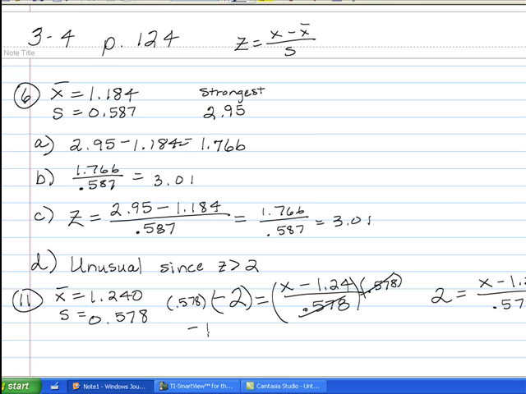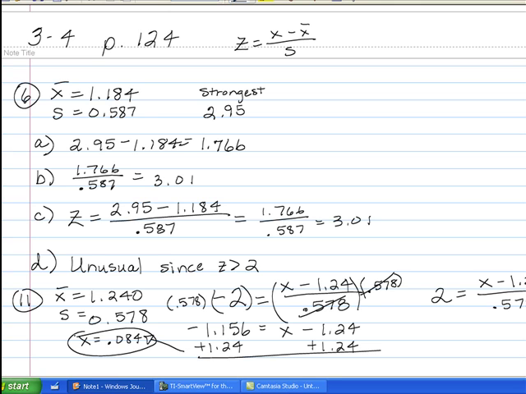Then if I add the 1.24 to both sides, I'm going to go in this direction, since I've got another problem to work. I have the negative 1.156 plus 1.24, which gives me 0.084. And this one I'm going to multiply by 0.578 as well, and that'll cancel.